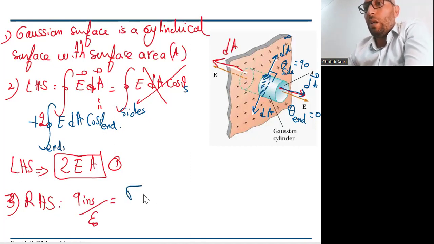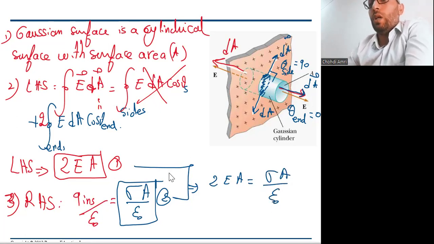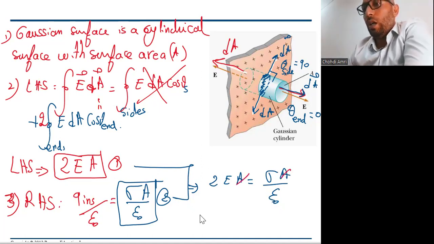It will be sigma multiplied by this surface area A, divided by epsilon naught. This is the second term. The first term and the second term give 2EA equals sigma A over epsilon naught. We will simplify by A, and our electric field will be sigma over 2 epsilon naught.